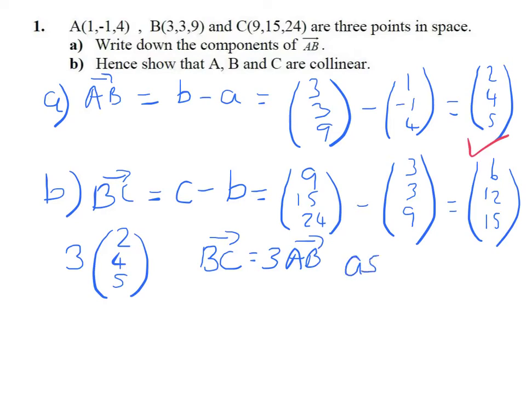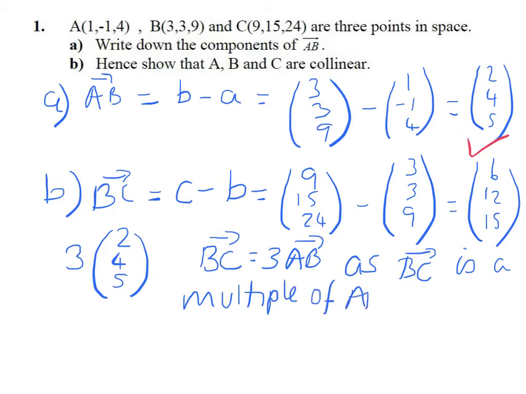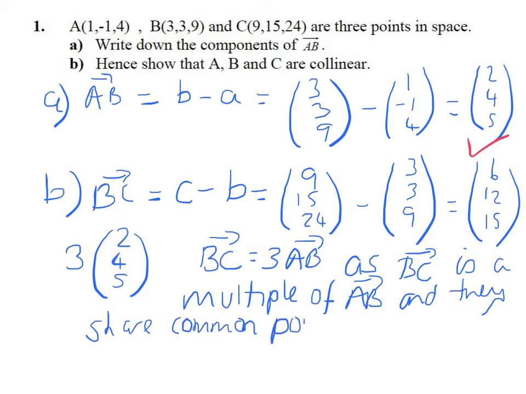as BC is a multiple of AB, and they share a common point B, A, B and C are collinear.